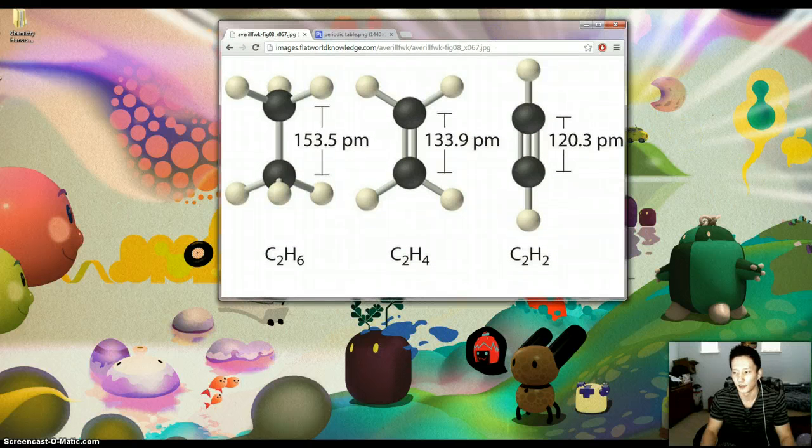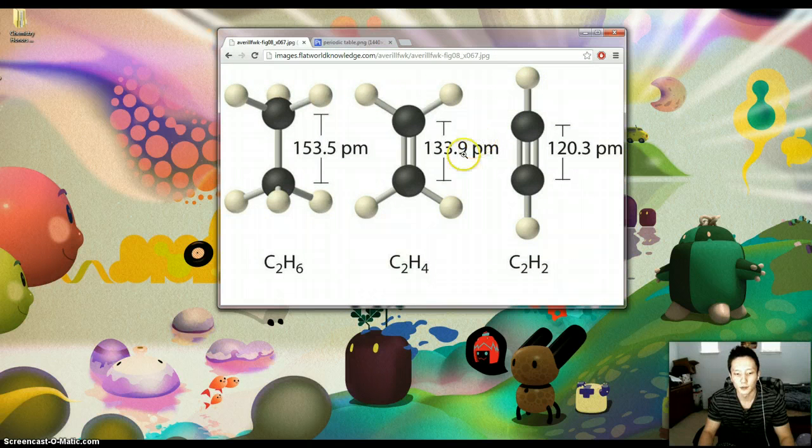But here is a misconception many people have. A lot of people think that a single bond is somehow weaker than a double bond or a triple bond. This is not the case. A single bond is weaker because of the distance, of how far that distance is from one nucleus to another compared to that of a double bond or a triple bond.